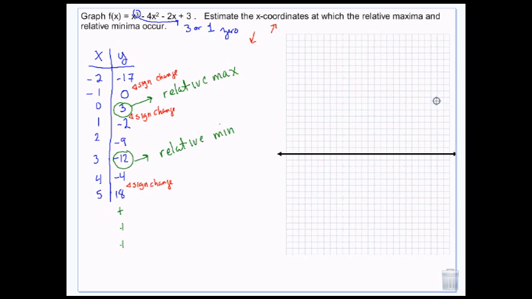So if we graph this, I'm going to go out by twos just to make it wider and it'll look better.